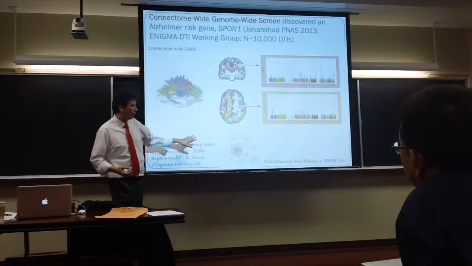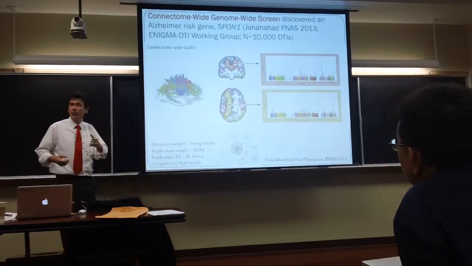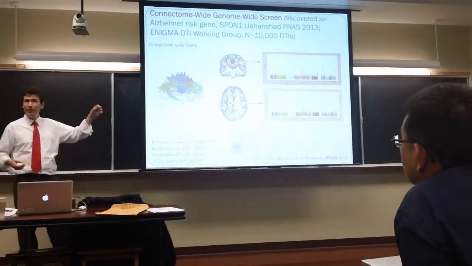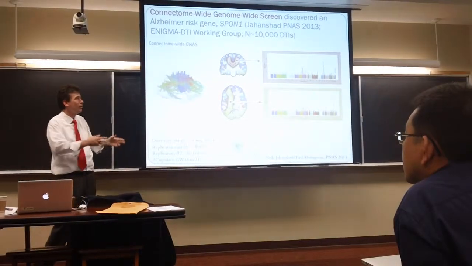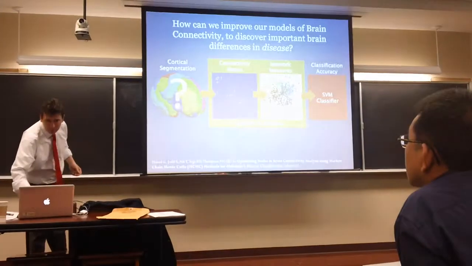But a nice synergy that happened with this paper is that the gene that was implicated, called SPON1, 3 weeks later, Robert Green from Harvard published a study in which that was the top gene associated with measures of cognitive function in people who are elderly. So that's just too improbable to be a coincidence that the same gene would be picked.